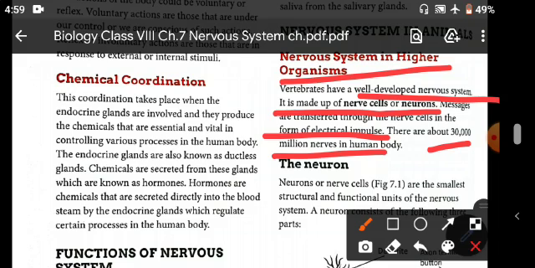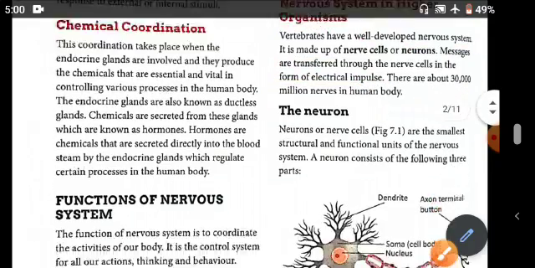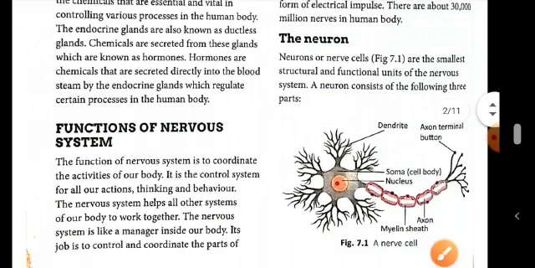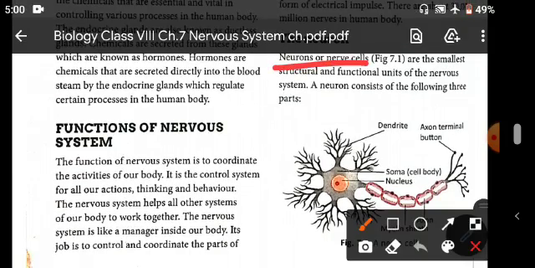Now the thing is neuron. You know that the nervous system consists of nerve cells and neurons. So first is neuron, or nerve cells. This is the unit of nervous system actually. Neurons or nerve cells are the smallest structural and functional unit of the nervous system.